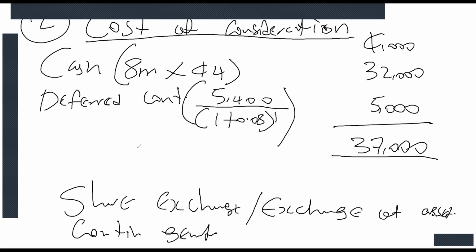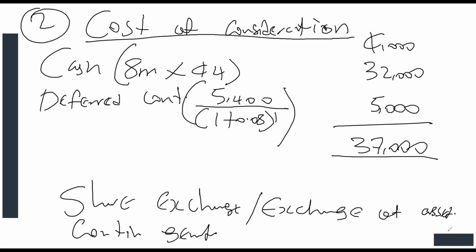All right, then workings number 3, you do what you call net assets of the subsidiary. Workings number 3, see net assets of Saracen.